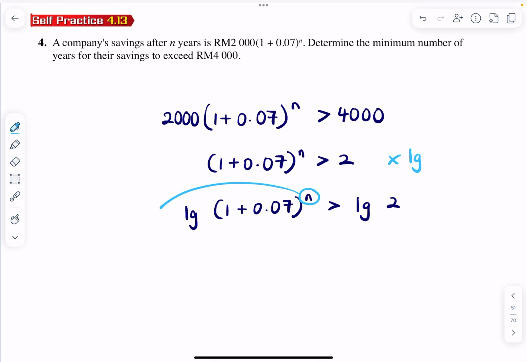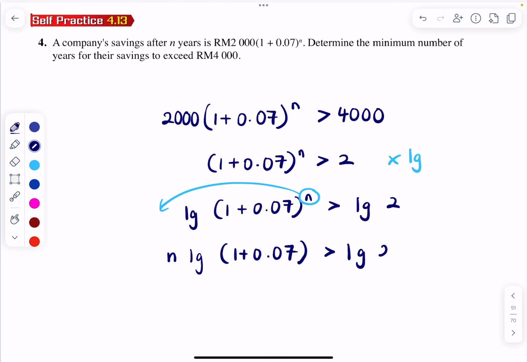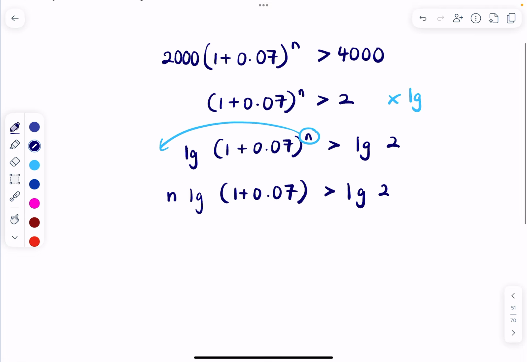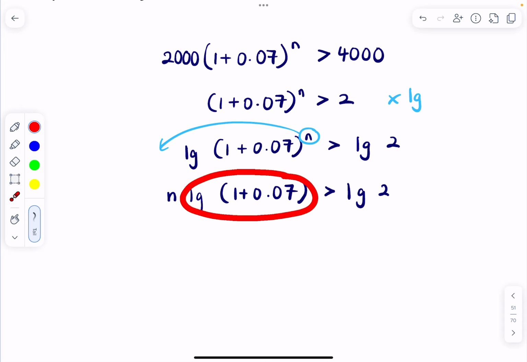So we bring the n down, we get n log (1.07), equals log 2. Okay, since we want to make n the subject, this whole thing we bring there and it becomes divide.